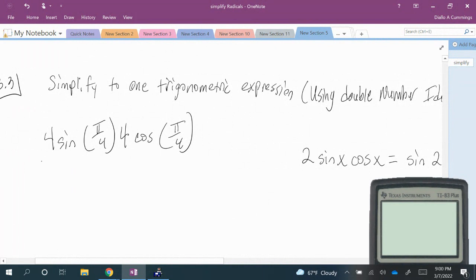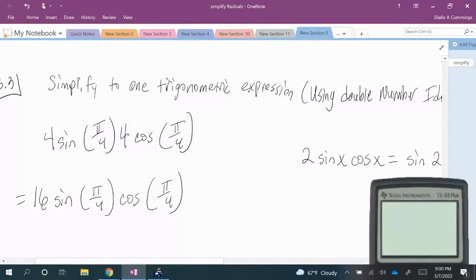All right, so I'm going to rewrite the actual problem that I'm given, and I'm going to write it out in this fashion. I'm going to write it out as 16 times the sine of pi over 4 times the cosine of pi over 4.